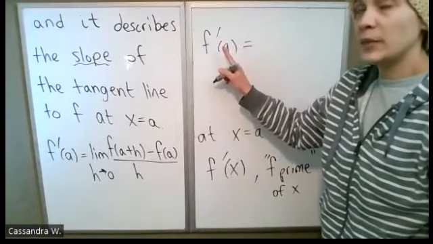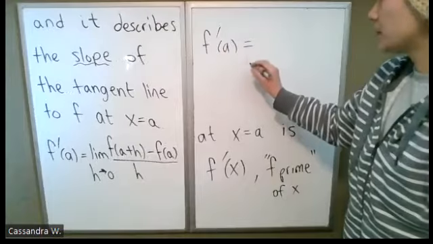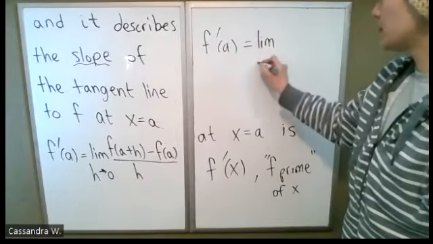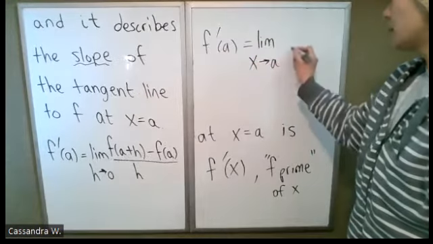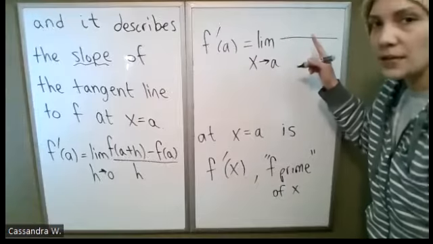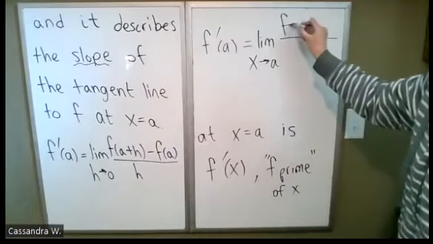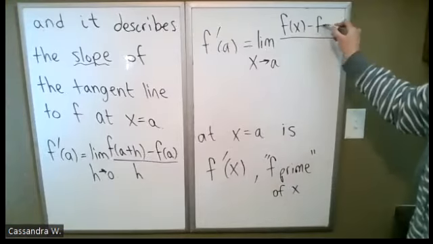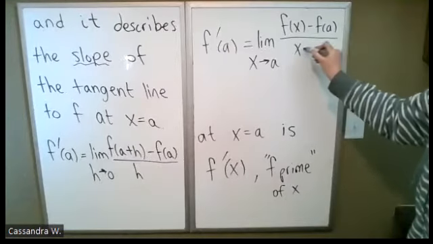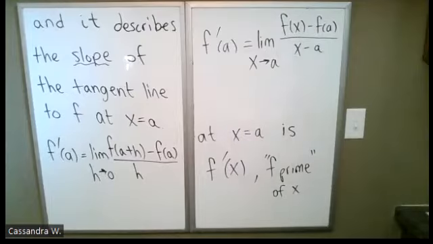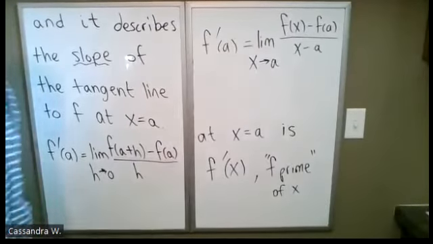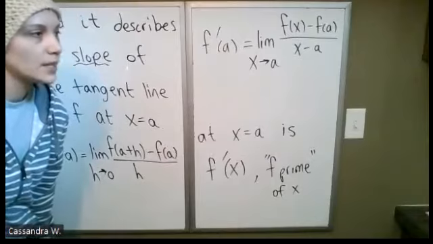And it could be the limit as x goes to a of f of x minus f of a divided by x minus a. Okay, so those are our derivatives.